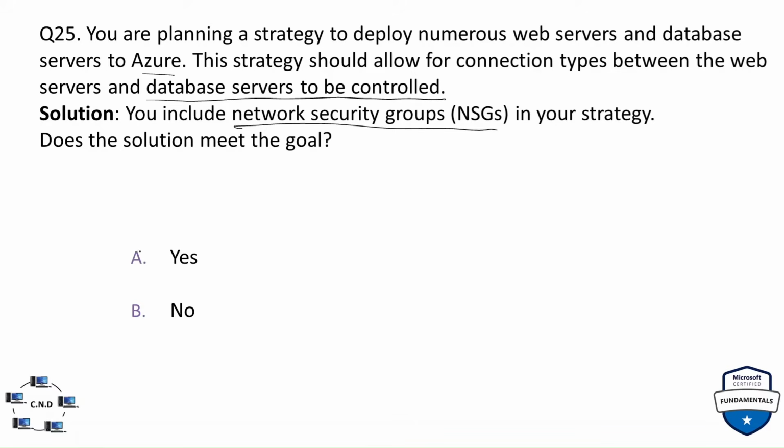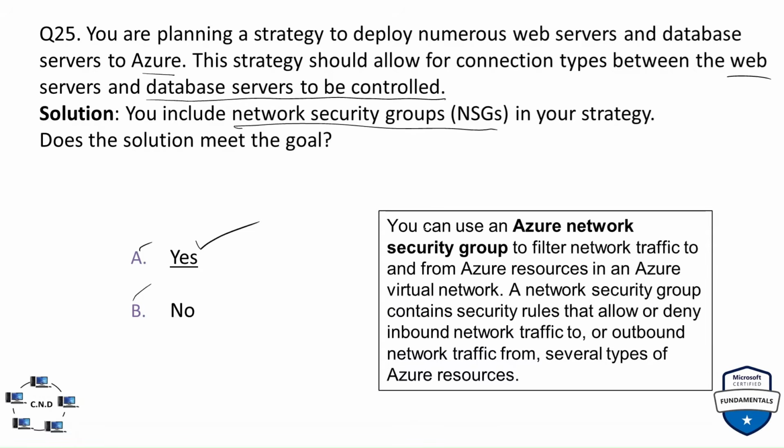The options are option A, yes, option B, no, and the correct option is yes. So the inclusion of network security groups would allow us the connection control between the web server and database server.